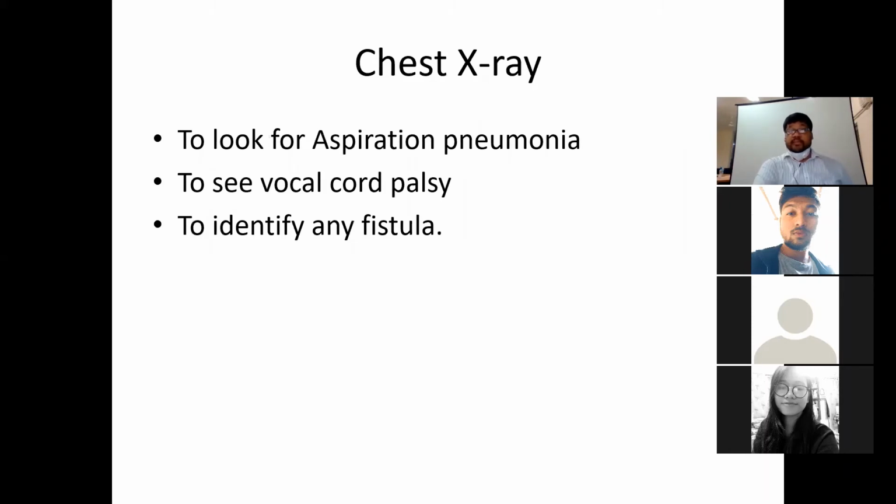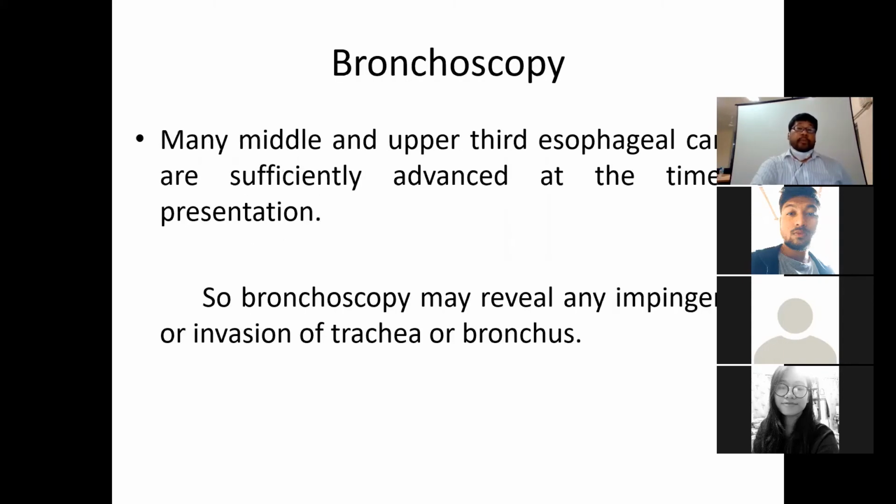Next, chest X-ray is important pre-operatively to look for aspiration pneumonia, or to see for vocal cord palsy, or to identify any fistula formation. So bronchoscopy is the next tool of investigation, and it is mainly helpful in cases of middle and upper third esophageal cancer.